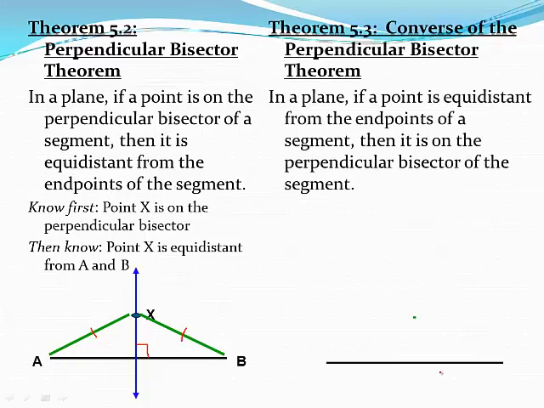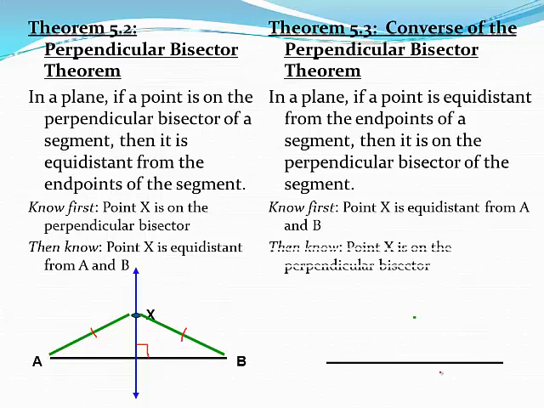Now, the converse of this is also true. In a plane, if a point is equidistant from the endpoints of a segment, then it is on the perpendicular bisector of the segment. So for the converse, you know first that point X is equidistant from points A and B. The next thing you can conclude is that point X is on the perpendicular bisector.